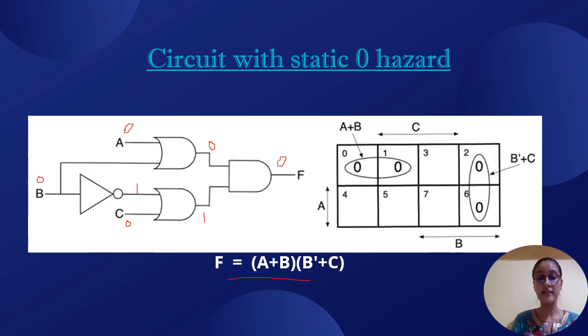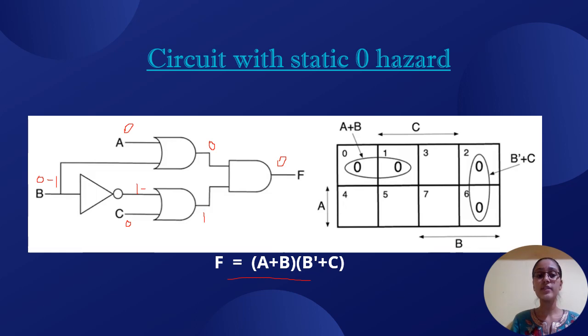So this is fine. But when I change this B input to 1, A and C remain 0, I'm not changing them. When I change B to 1, the NOT gate will have some propagation delay, and due to that, it will not change to 0 immediately.